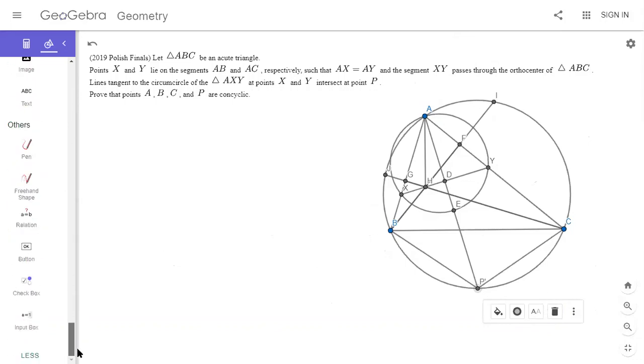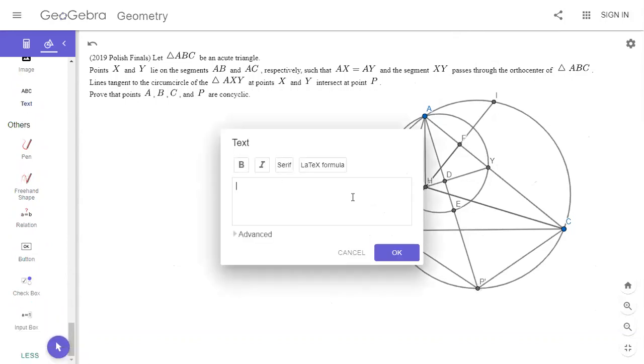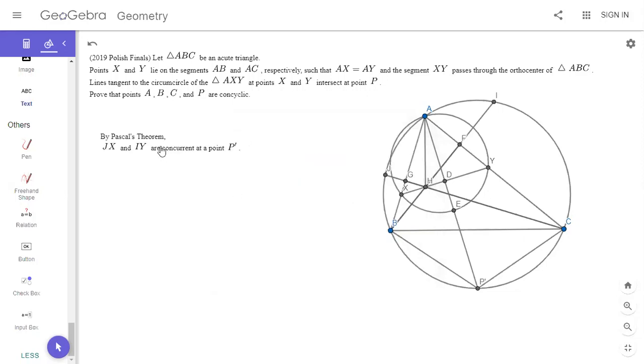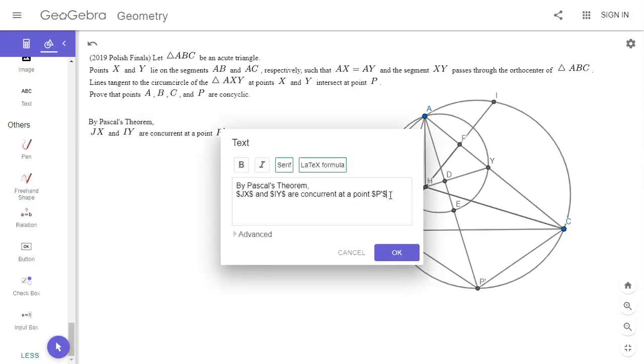So I'm going to write that, on the circle.